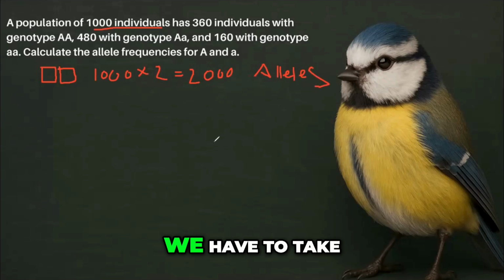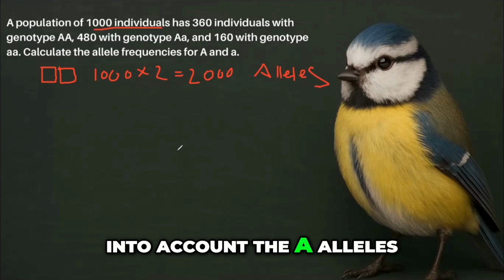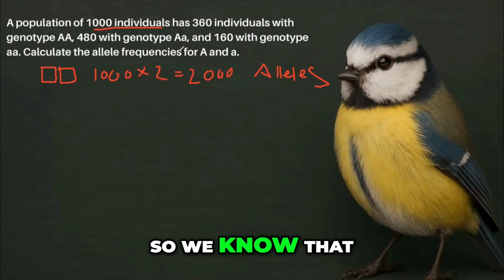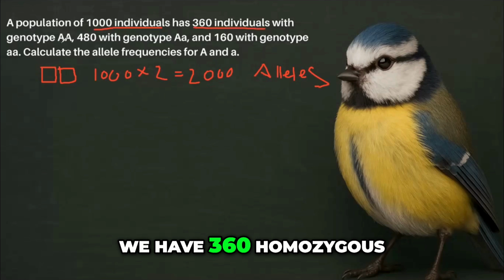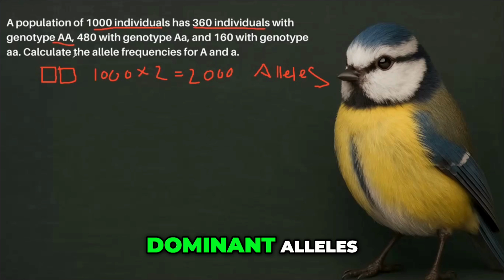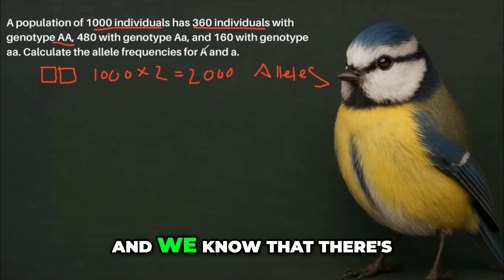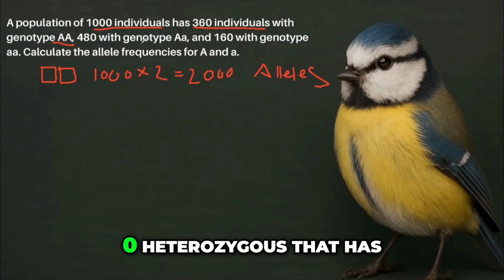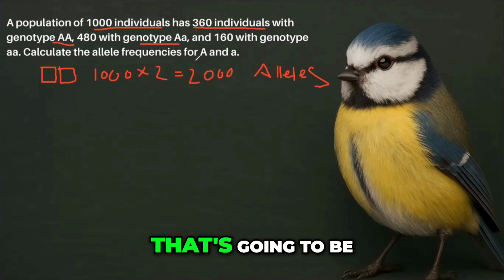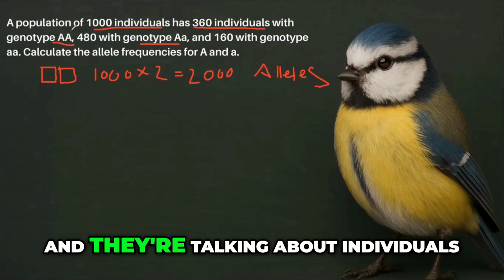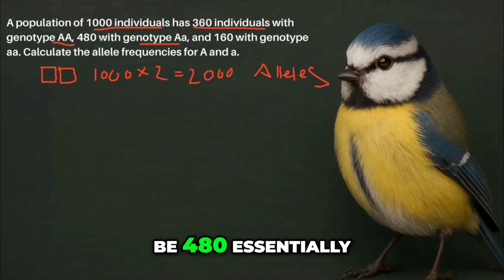Now, knowing this, we have to take into account the A alleles. So we know that we have 360 homozygous dominant individuals. And we know that there's 480 heterozygous individuals, and each has one of those alleles that's going to be the capital A, because remember they get one of two.